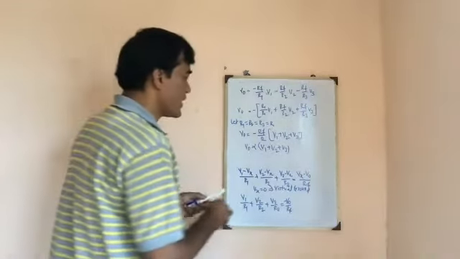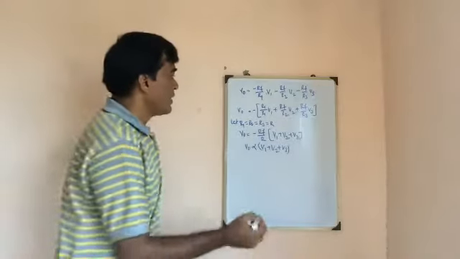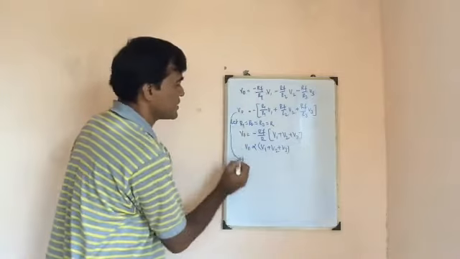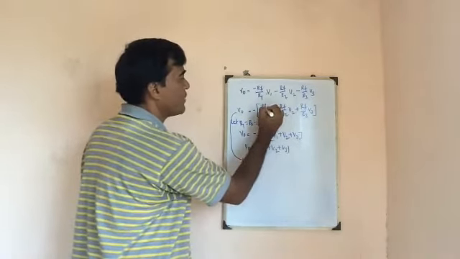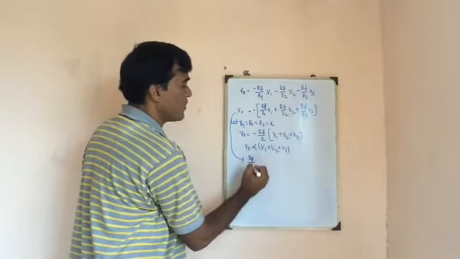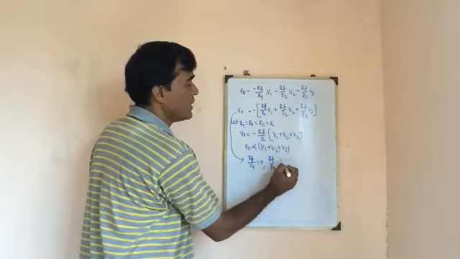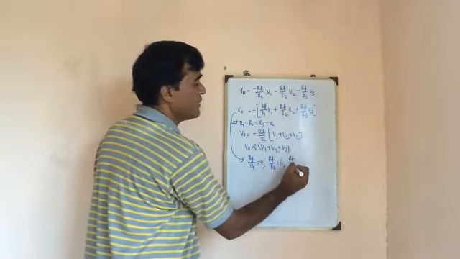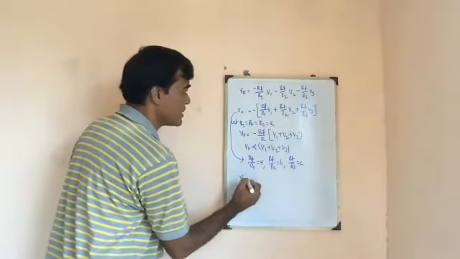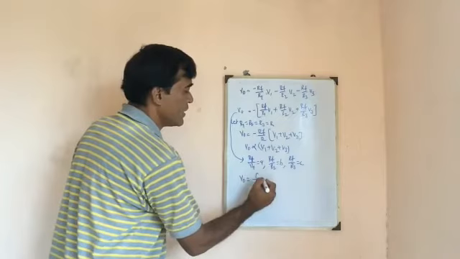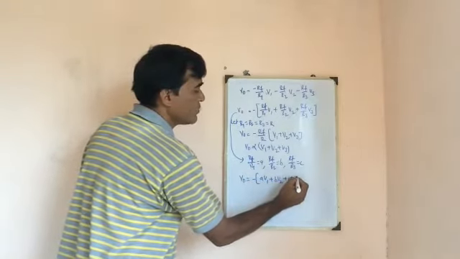This same circuit can also be used as a scaling amplifier. How? Let us see. From this expression, let RF by R1 equal A, RF by R2 equal B, and RF by R3 equal C. If I consider these values, the output voltage becomes equal to minus (A into V1 plus B into V2 plus C into V3).